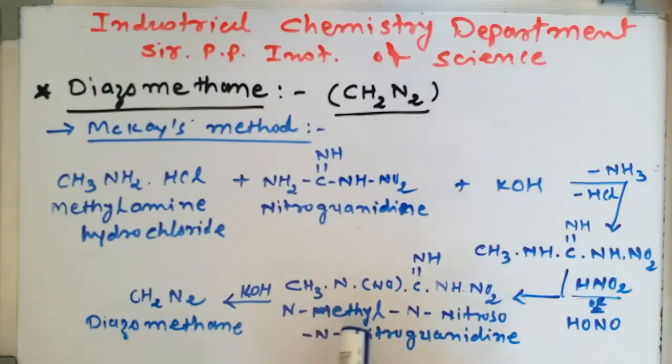We get N-methyl N-nitroso N-nitroguanidine, and this compound gives diazomethane on warming with KOH. So these are three methods for preparation of diazomethane.